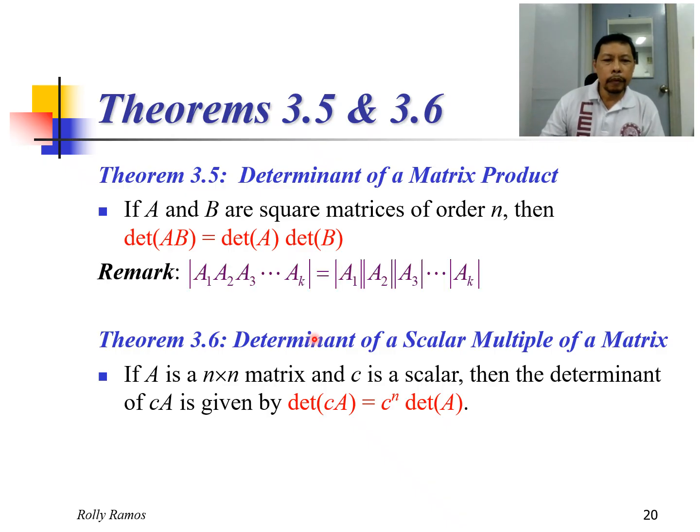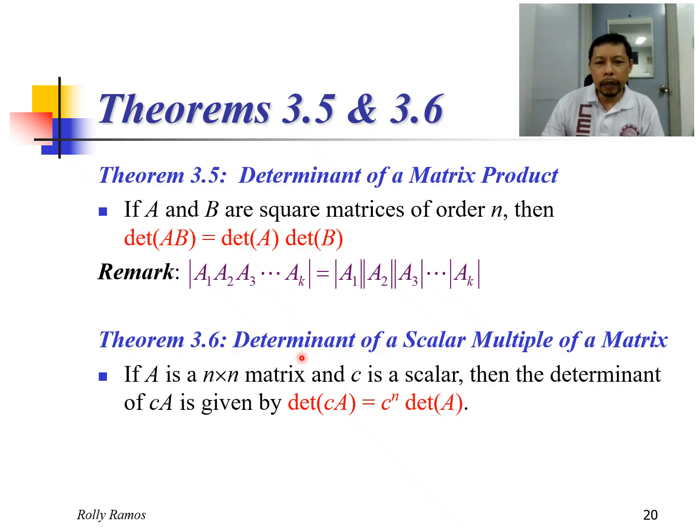So the determinant of the product of several matrices of the same size is equal to the product of the determinants of each matrix. So it is not only applicable to two matrices but to two or more matrices.